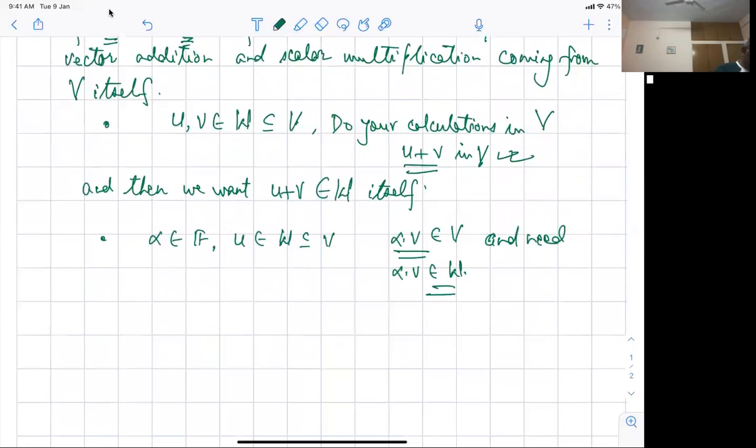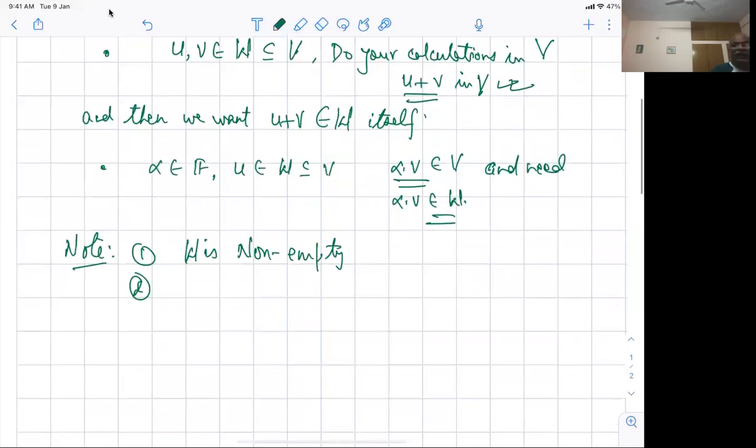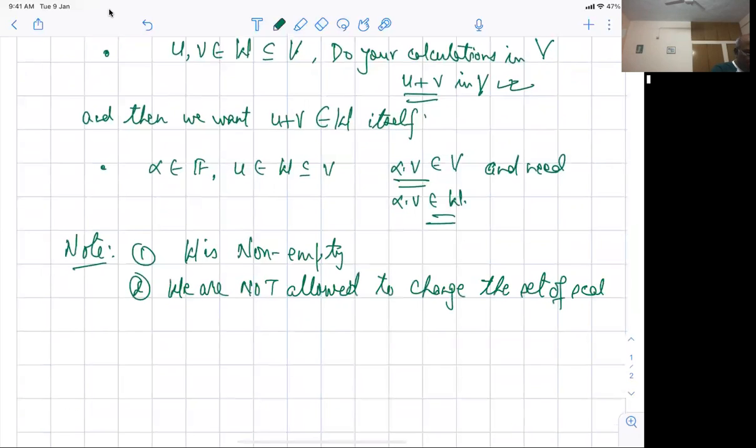So note, I'll just state it once more. Note 1: W is non-empty. This is very, very important. 2: we are not allowed to change the two operations. All right. Change the set of scalars, and the vector addition I cannot just change it.